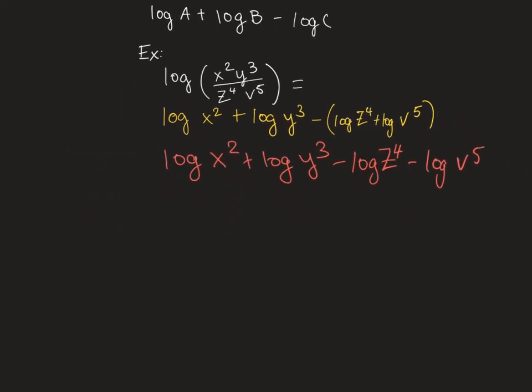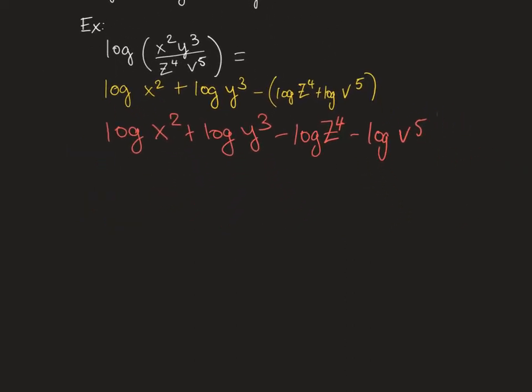Okay, are we there? Are we done yet? No, we're not. Actually, you're going to have to rewrite everything because now all these numbers are in the power. So you're going to take that 2 here and bring it to the front, and likewise for the next problem, and for the next problem.